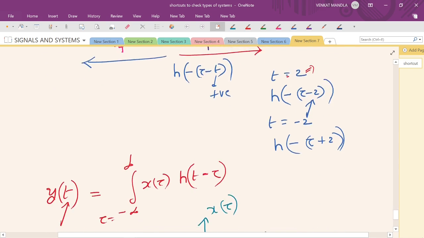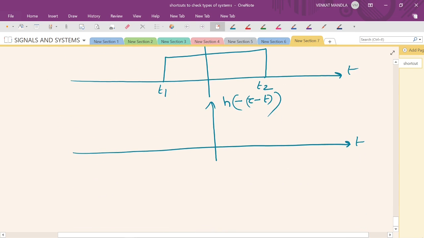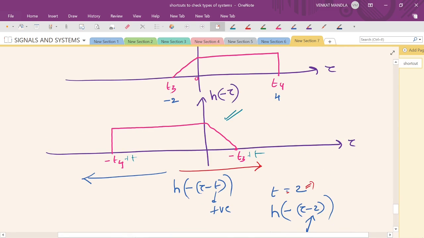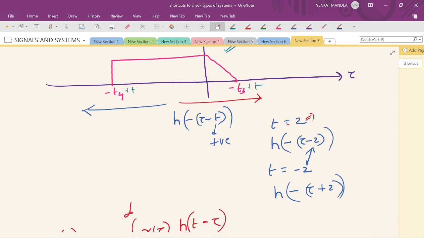That I will write here, the signal. I don't know if we add this small t whether the signal shifts towards the positive side or a negative side, that is towards left side or right side. I'm just writing the signal shape h of minus tau minus t.